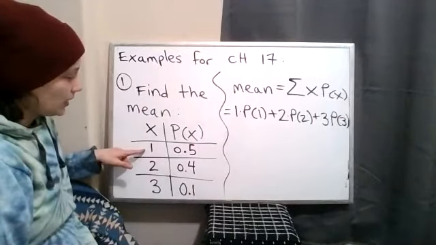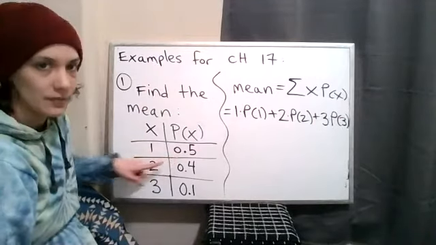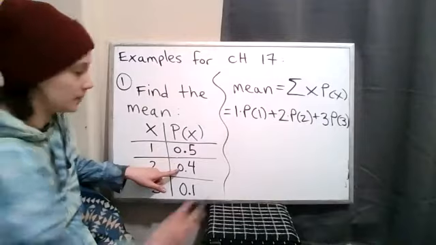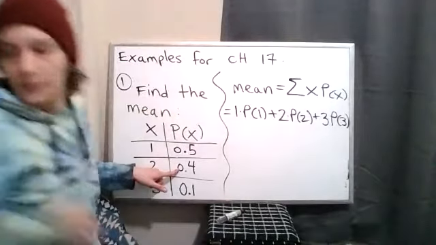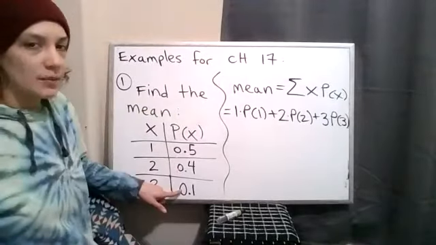Okay, 1 times 0.5 plus 2 times 0.4. And that last one, 3 times 0.1.